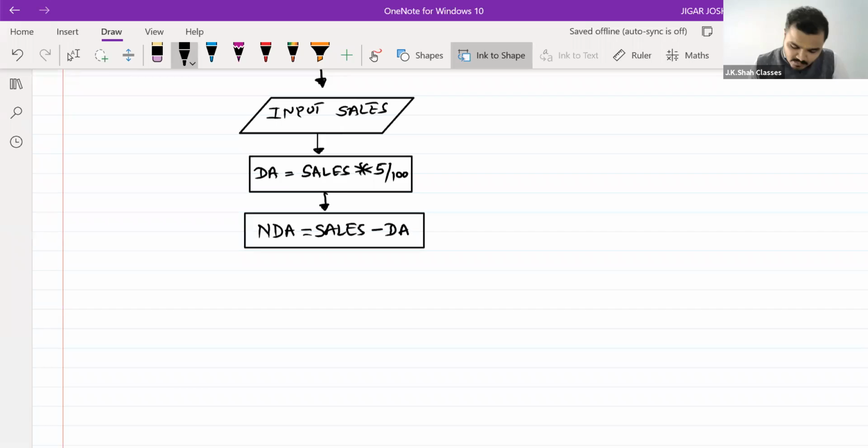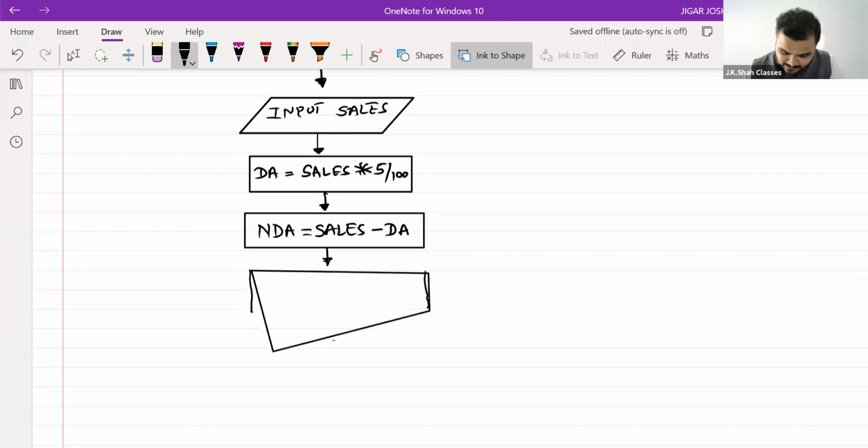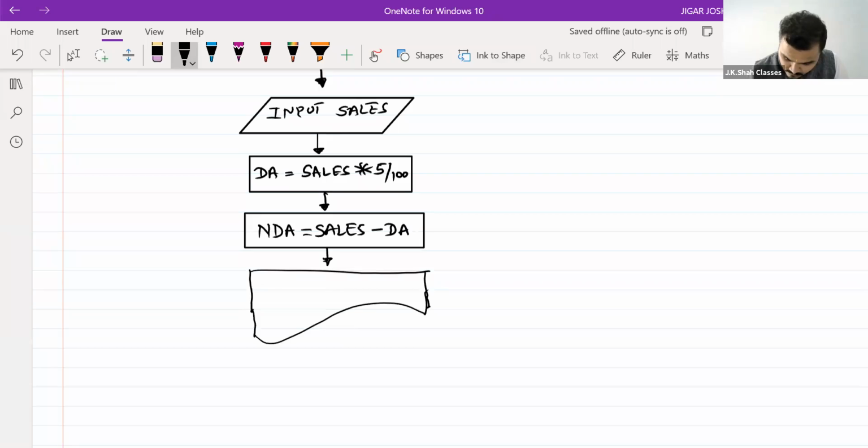Further, please concentrate. After net discounted amount, this is print it. Whenever there is the word print in the question, we need to draw this print design. We'll make it more proper.